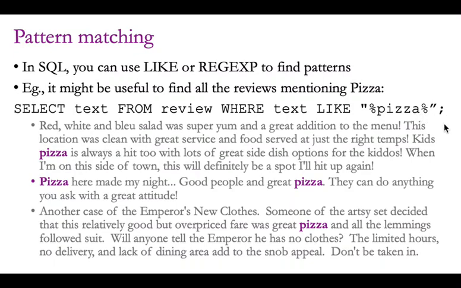The percent allows a match of anything, and then it requires there to be PIZZA in sequence, and after that there can be anything. So these reviews would match. That might be useful. Picking out words helps you to do filtering, but there are only a few types of questions you can answer with such simple filtering.